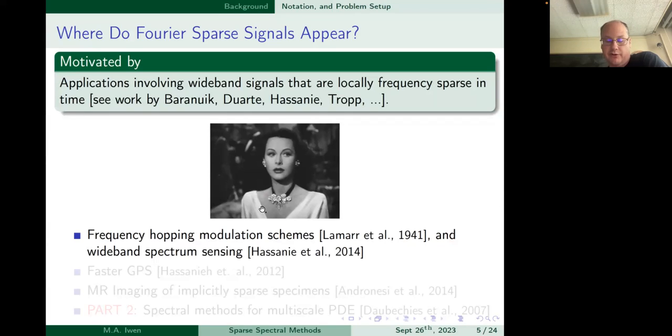So my favorite example of that was these frequency hopping modulation schemes, which were introduced by Hedy Lamarr, this famous World War II era Hollywood actress, but much more interestingly, also inventor and interested in mathematics and engineering. So the way these things work is effectively you have two parties who want to communicate, fix a random number generator, synchronize it.